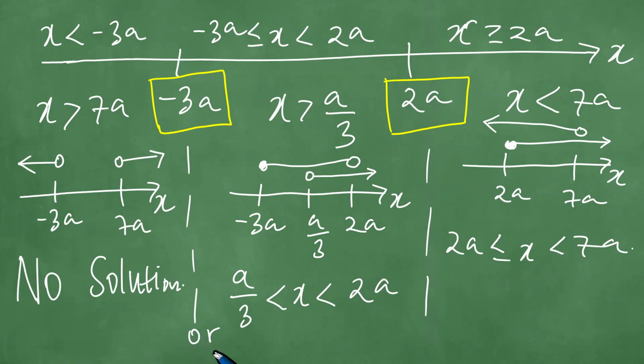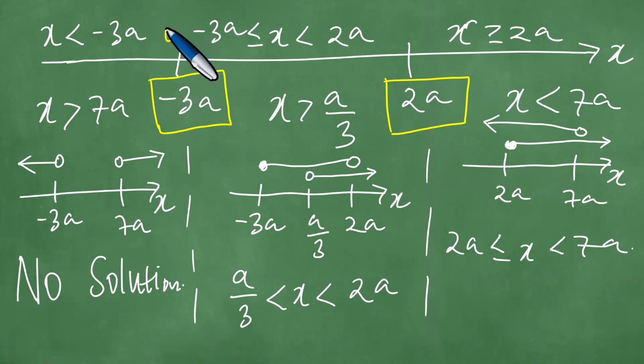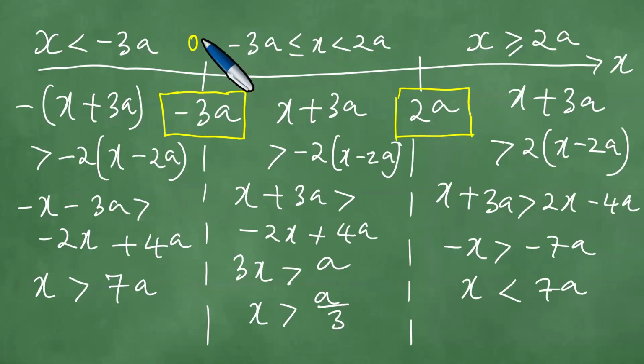Okay, let me write up here. So it's either this case that applies, or this case, or that case. Even here, you can just write. It's either this case that applies, this case, or that case.